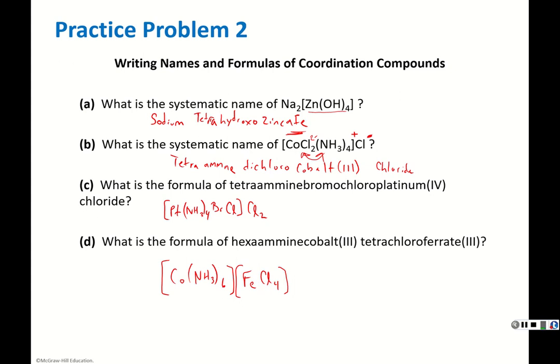We know that this complex ion has a +3 charge, the cobalt, because we're told that, and the ammine groups are neutral. What charge does the anion have? The tetrachloroferrate. Well, iron is in the +3 state, and we have 4 negative charges from chlorines, so we have +3 minus 4. So overall, that's going to be a -1 charge. So we're going to need 3 of these to balance. So we just write a 3 there as a subscript.